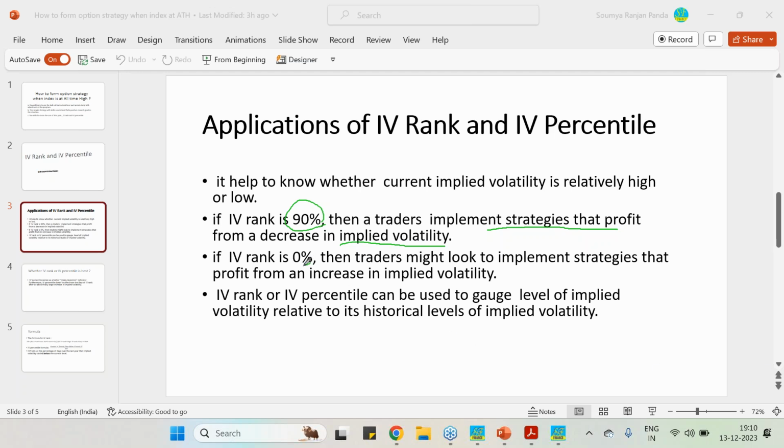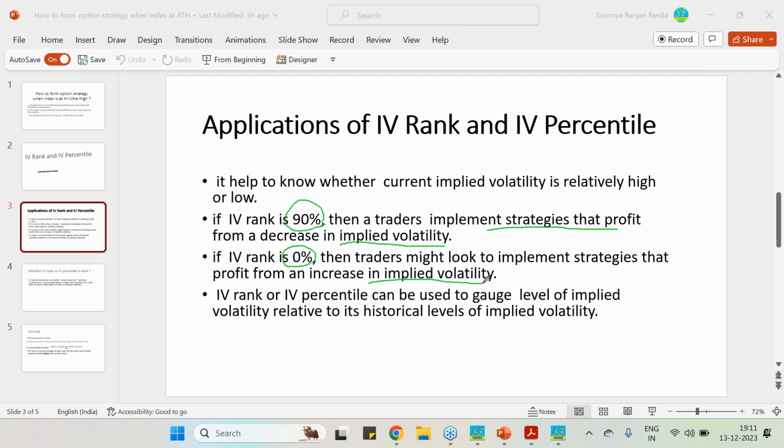When IV rank is 0 to 90%, or 0 to 50%, 60%, 70%, that is the time you should implement a strategy to profit from an increase in implied volatility.